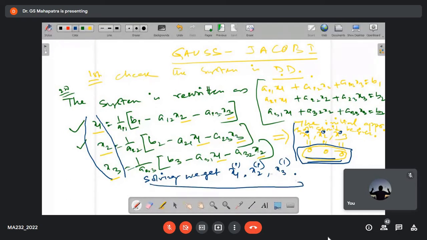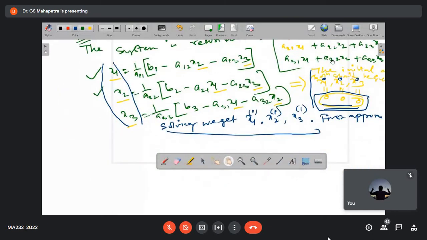So this is called the first approximation solution. Then what will be the second approximation solution? Anyone?